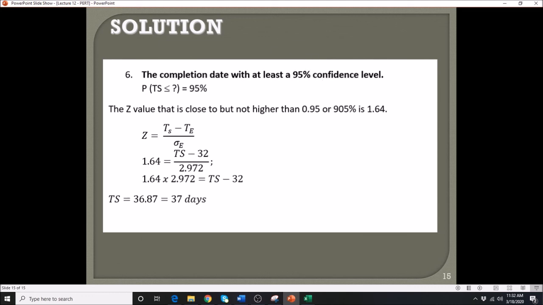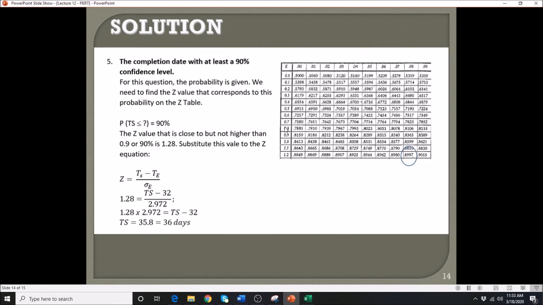When you look up the table, the closest value to your 0.95, okay, I messed up here. That should not be in there. It should be 95%, which corresponds to 1.64 from the table.